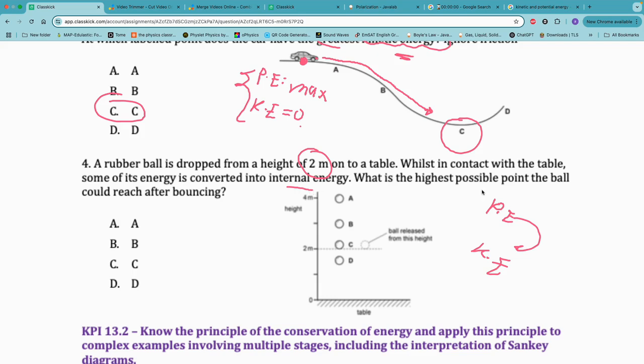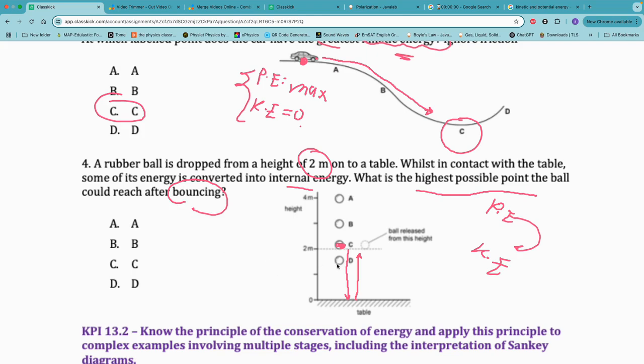What is the highest possible point the ball could reach after bouncing? So this means it dropped from height 2. So this is the starting point. Then it will move down, will bounce back up. The question is, what is the highest possible point the ball could reach after bouncing?